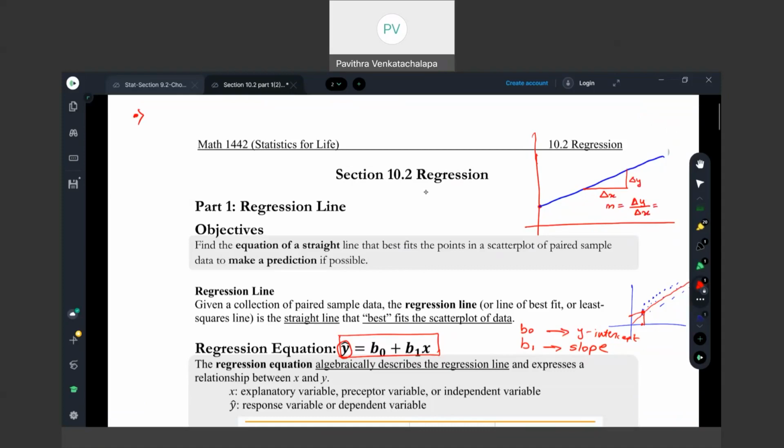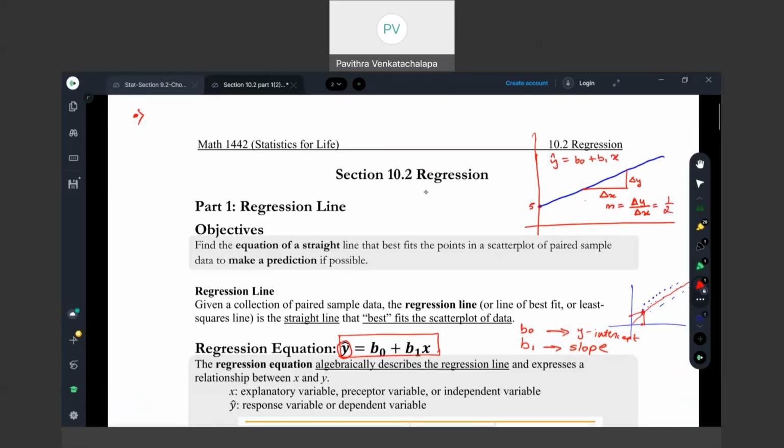Got it? Now when I see the y-intercept, let's say this point at the y-axis is 5. Now we know that our equation of the line is ŷ = b0 + b1x. Let's say the slope is, let's give some number here, 0.5 or 1 by 2.